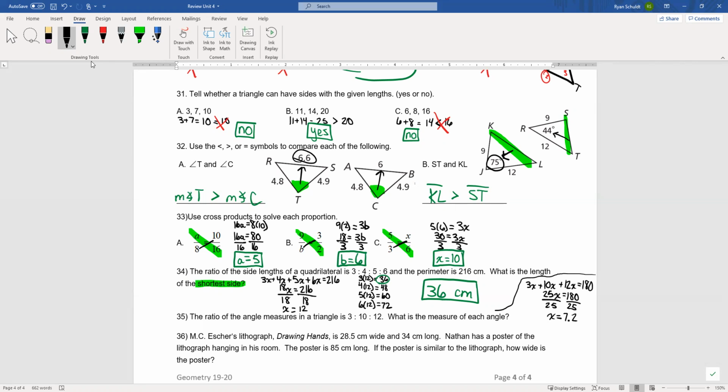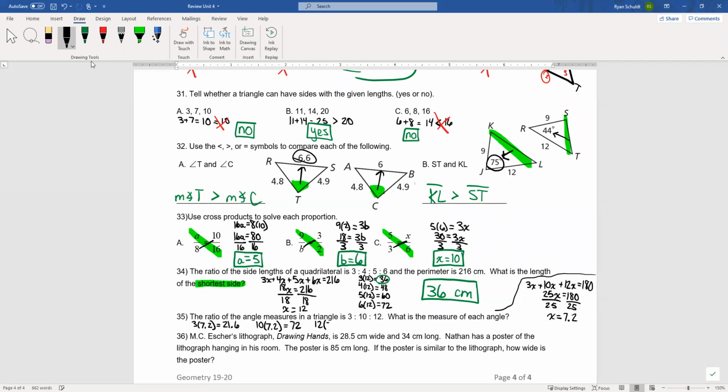Now they asked me to find each angle. So I do have to plug in for each and every one. 3 times 7.2 is 21.6. 10 times 7.2, that's 72.